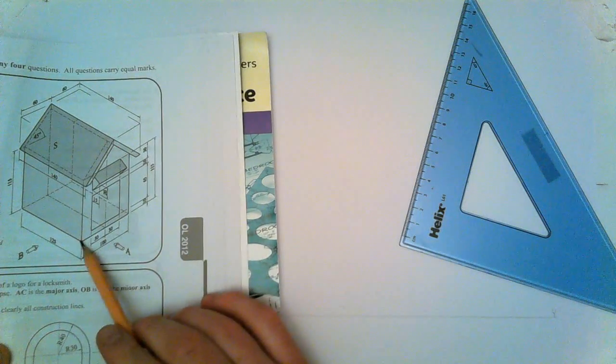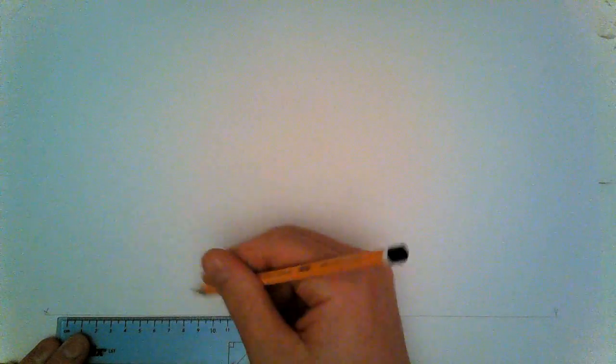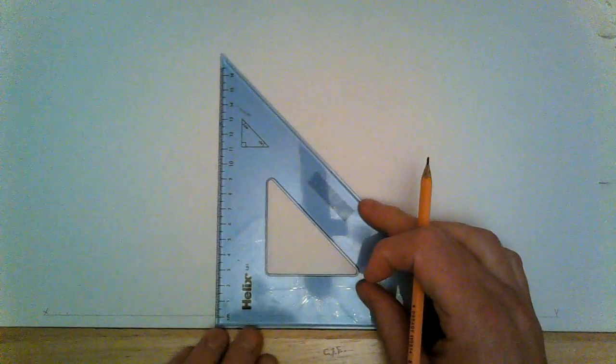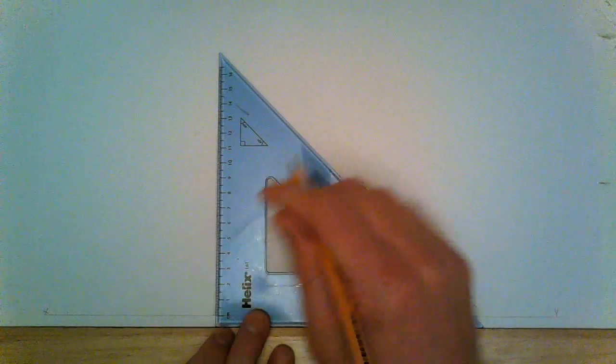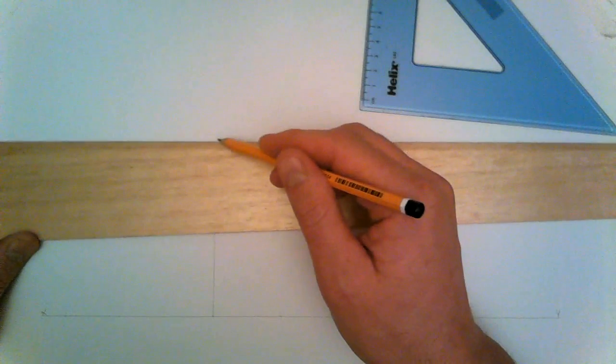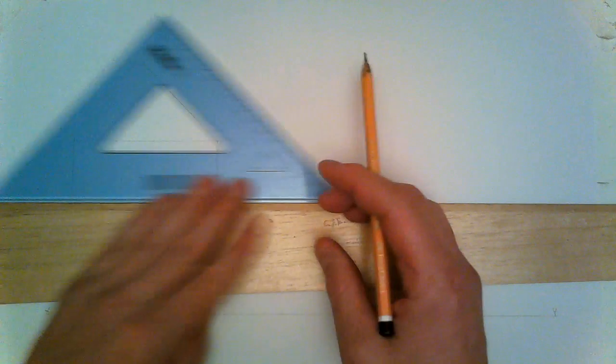Okay, so I'm going to draw a front section here first of all, so it's overall width 200. Come up 115. Okay, so from our 2 points here, I'm going to come up 45 degrees.